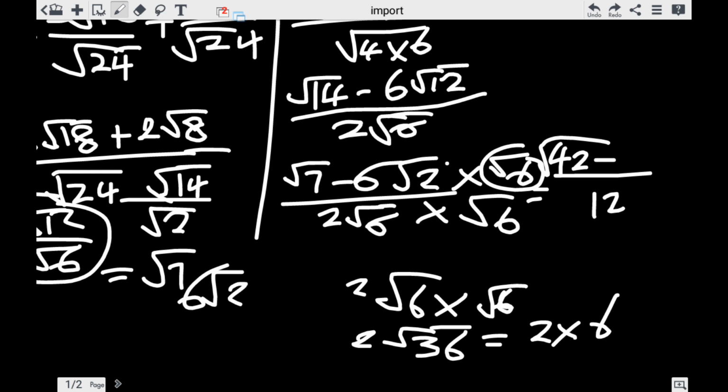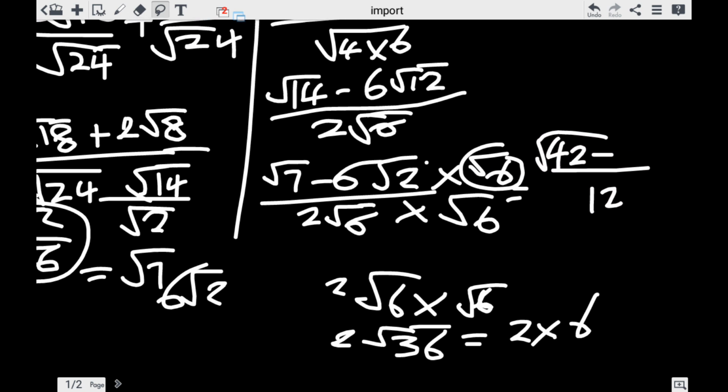So now this root 6 multiplies this 6 root 2. So 6 times 2 or 2 times 6 is 12. So you get 12 there.